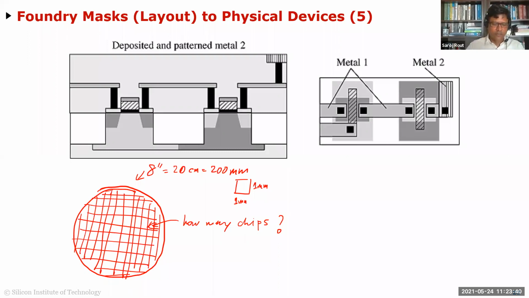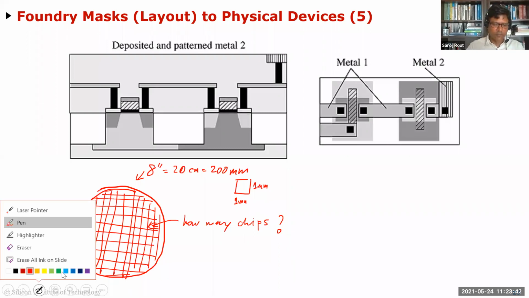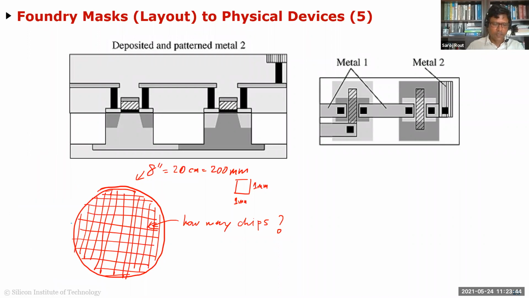There are various ways you can do this problem, but one way is to assume it is an 8-inch square. If it is an 8-inch square, then it is 200 millimeters by 200 millimeters.